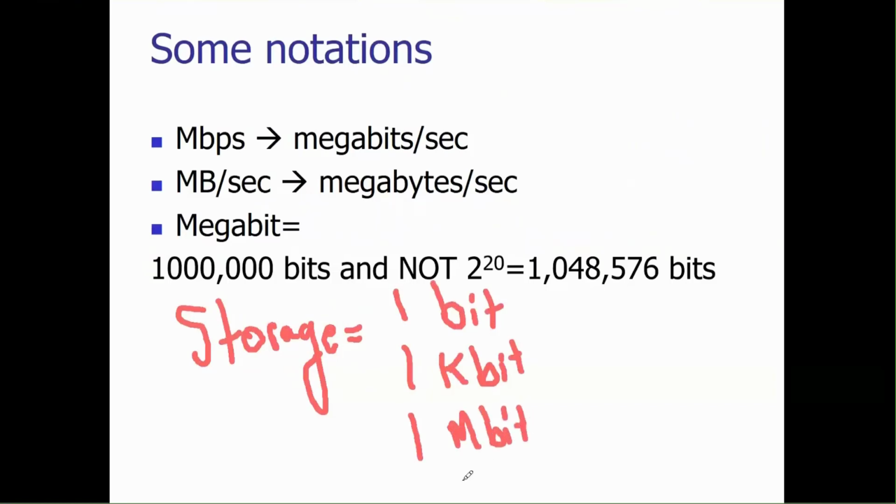And of course, you have a gigabit, and you can keep on going. You have terabits and so on. But for you to know, in storage, 1 bit is 1 bit, of course. 1 kilobit in storage is how many bits? Who could tell me? Is it 1,000 bits? A kilo, is it 1,000 bits? I think it's 64. What is it?